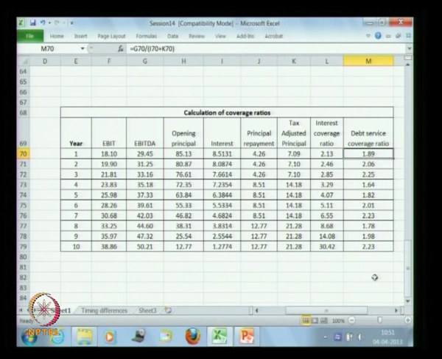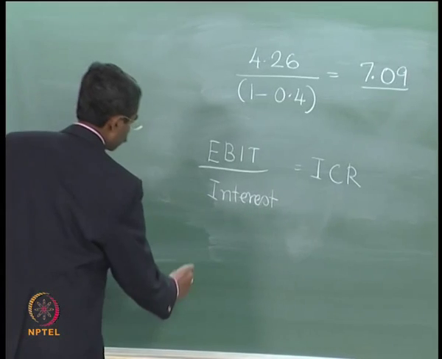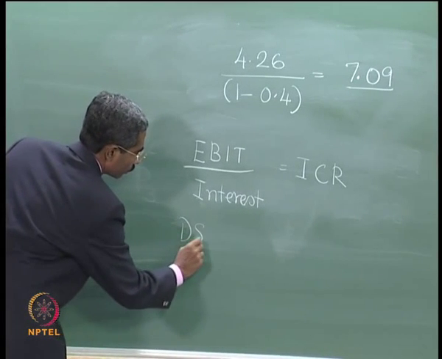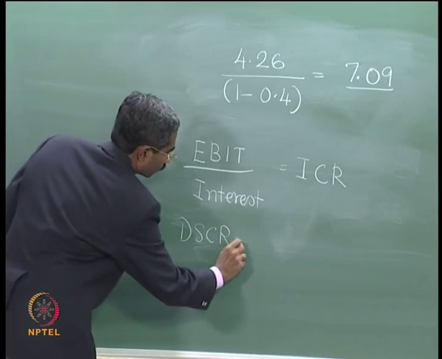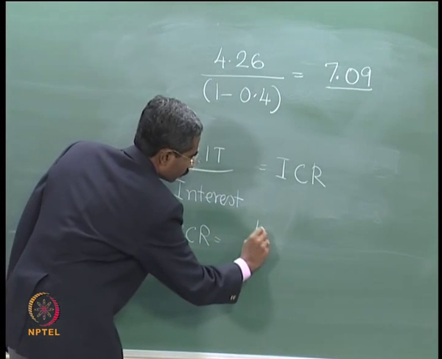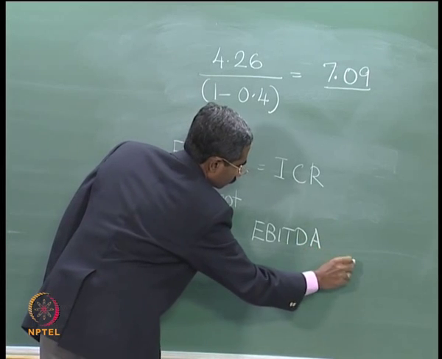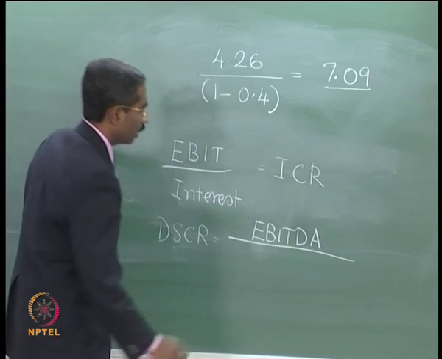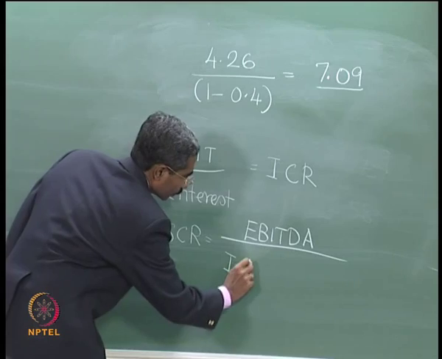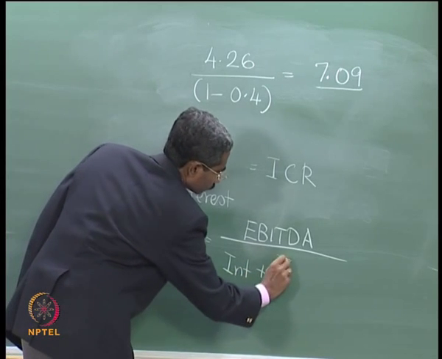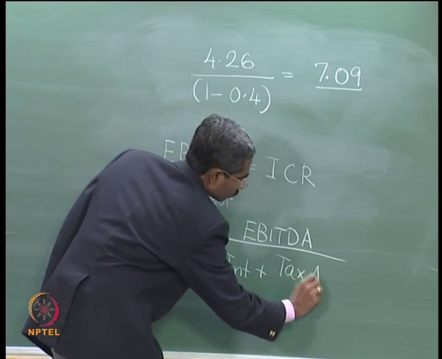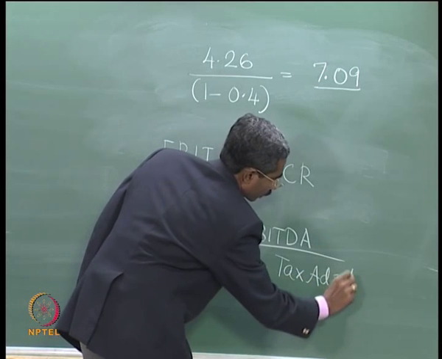Similarly, you have the debt service coverage ratio. We define debt service coverage ratio with the following expression. This would be EBITDA divided by your interest payment plus your tax adjusted principal repayment.